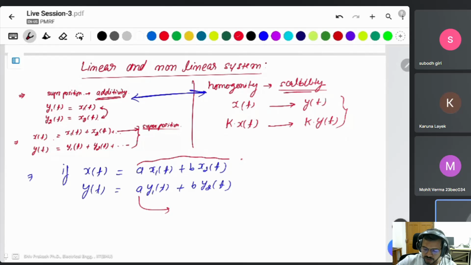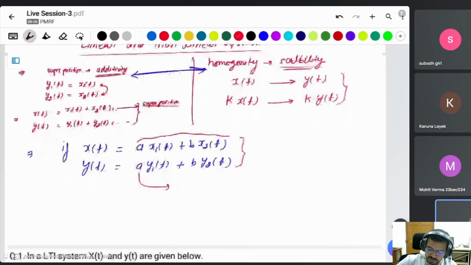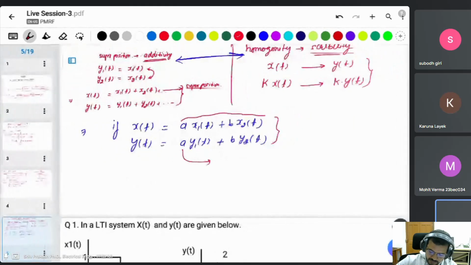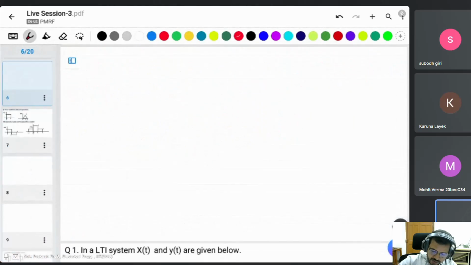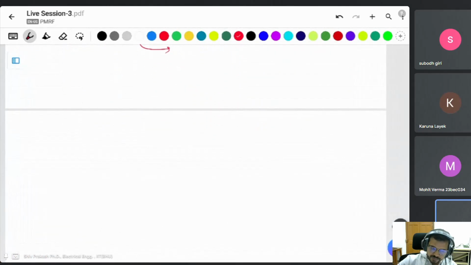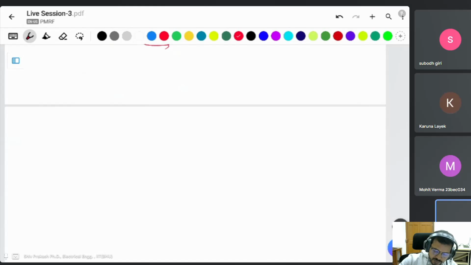If both conditions are true, then that system is a linear system. Okay, let's check some systems from examples. Like the first one, y(t) is equal to a times x(t).